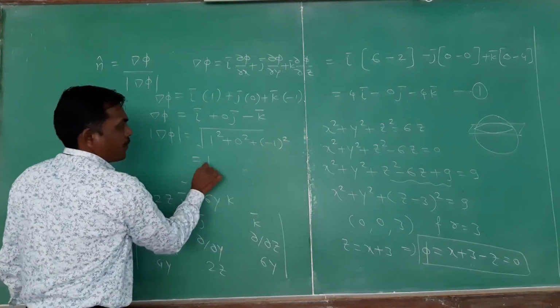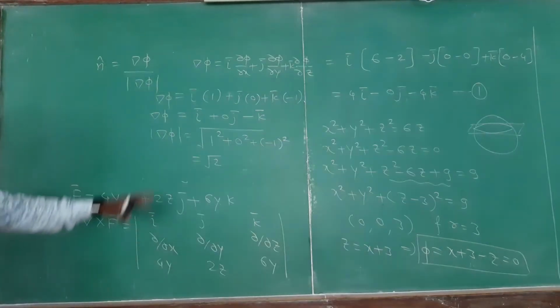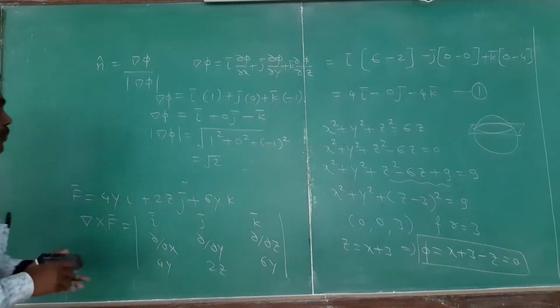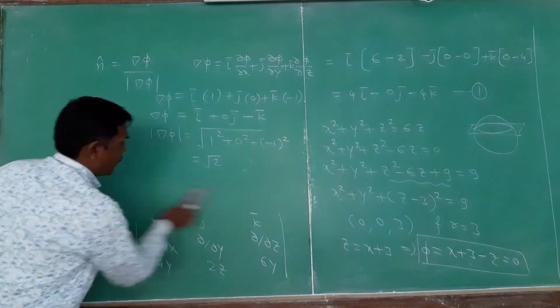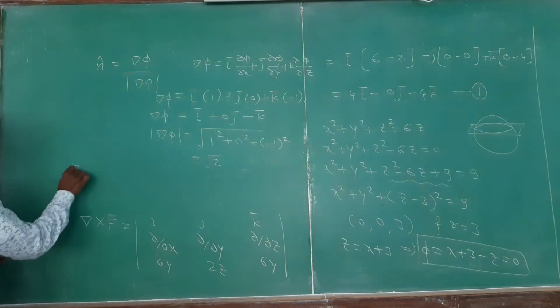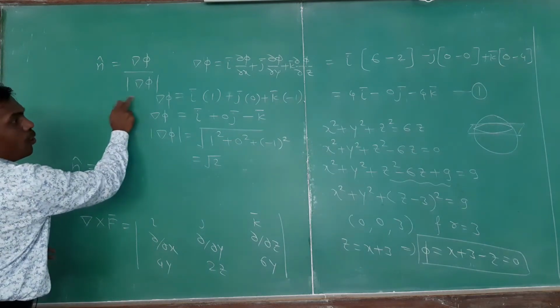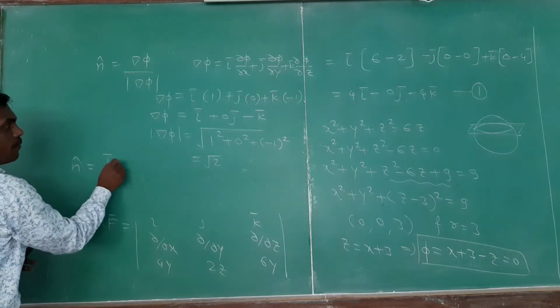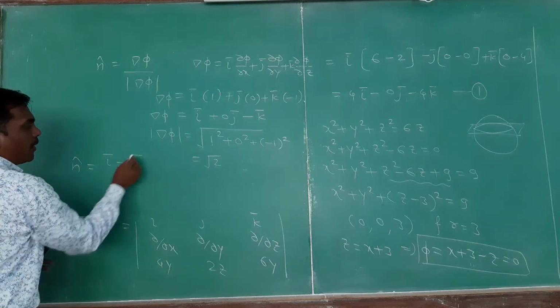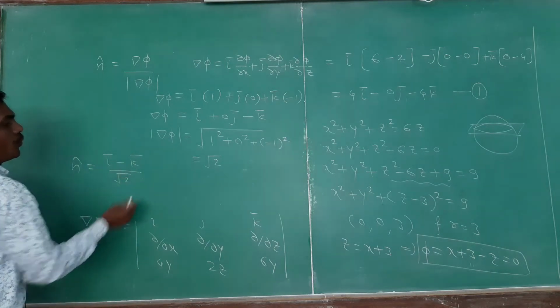So the answer is root 2. Now n cap is equal to del phi upon mod of del phi, so (i bar minus k bar) upon root 2.